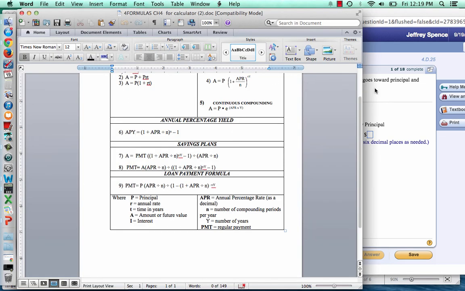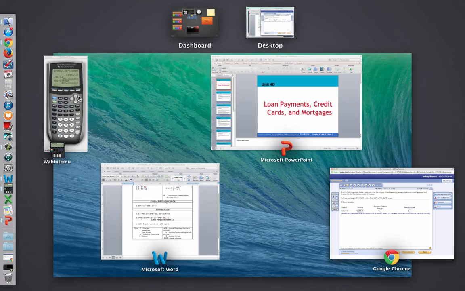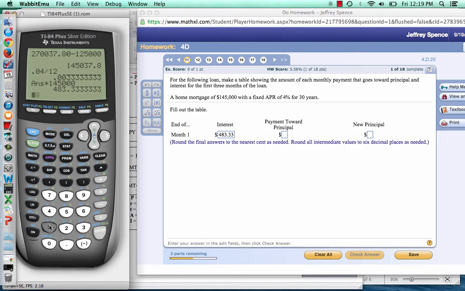I owe $145,000 times the APR, which is .04 divided by 12, divided by 1 minus, parenthesis, 1 plus the APR, which is .04 divided by 12, raised to the negative power of 12 times 30, which is 360.